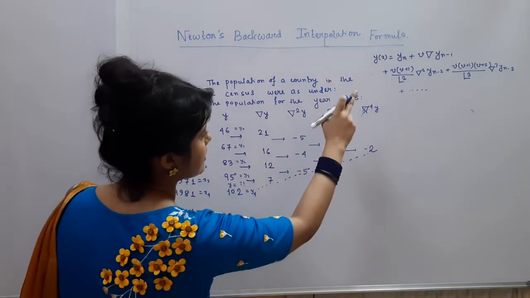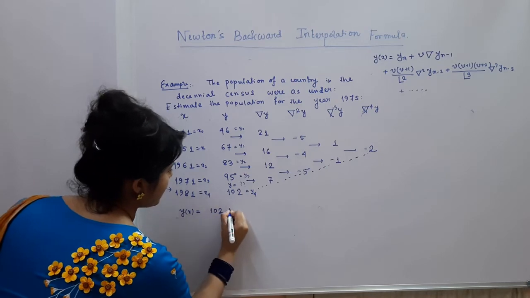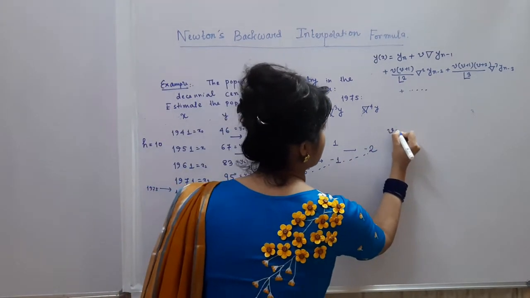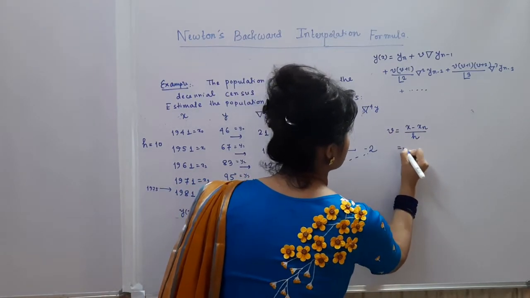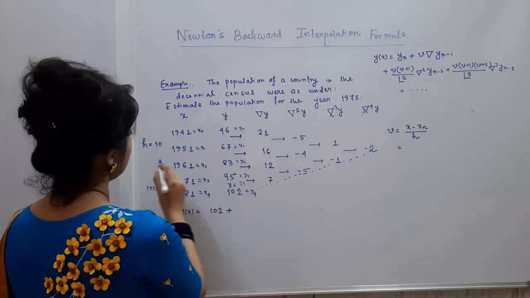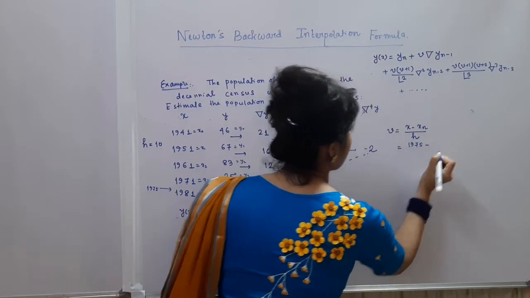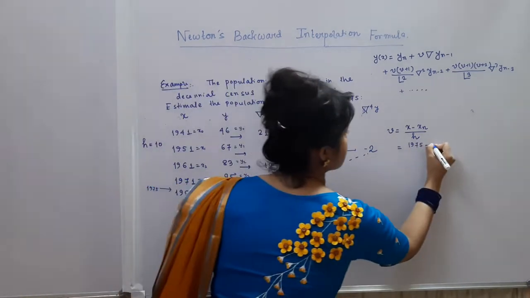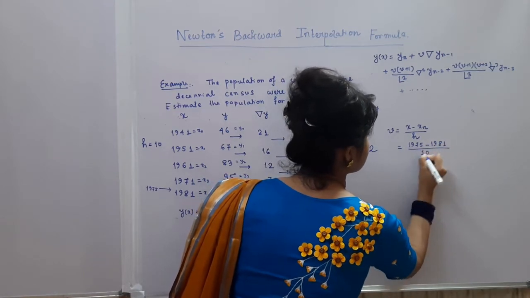First yn is y4, that means 102 plus, for which we first have to calculate v, where v is equal to x minus xn by h. What is x? X is 1975, for which y is to be estimated, minus xn, the last value of x, that is 1981, and h is obviously 10.